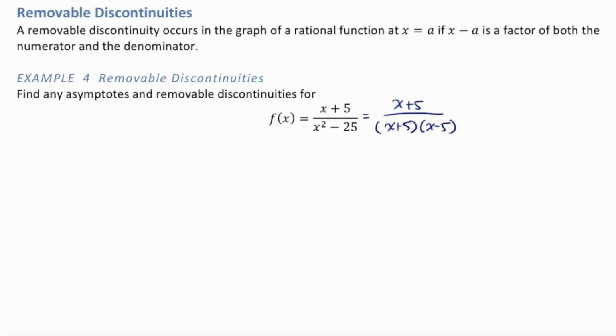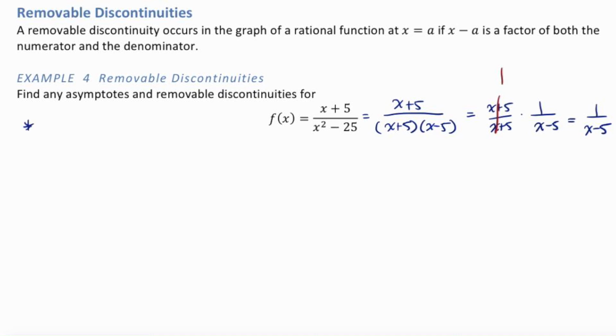If you notice, we have a common factor of x plus 5 in the numerator and the denominator. So this becomes x plus 5 divided by x plus 5 times 1 over x minus 5. This is just 1. So we end up with 1 over x minus 5.